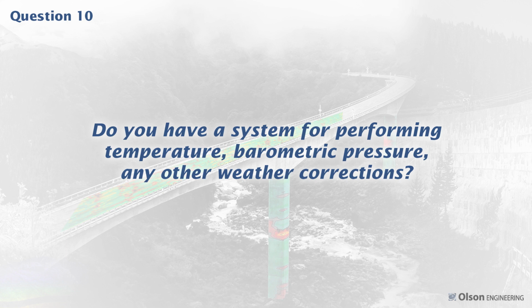Do you have a system for performing temperature, barometric pressure, or any other weather corrections? Just what's available on the web from these nearby weather stations. The IBIS-S system that runs the landslide monitoring, IDS has algorithms built into the program that correct for atmospheric changes, so that they can get around that problem when they're doing the landslide monitoring.